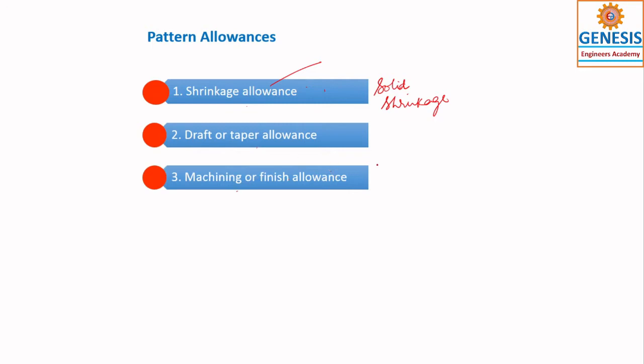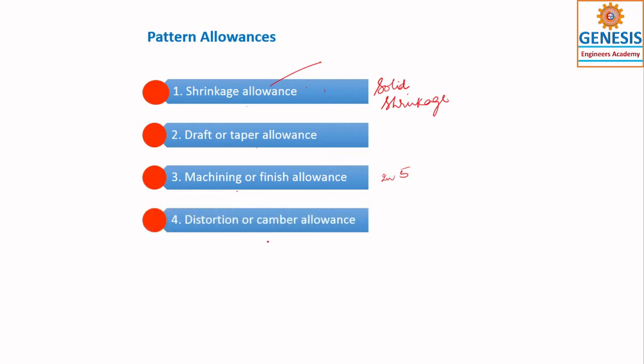After making that casting, to get the surface finish, size and shape, we have to carry out this machining process. This will be around 5 mm, minimum 2 mm, to maximum 5 to 7 mm. It is all based upon the experience of that particular engineer and that particular material also.